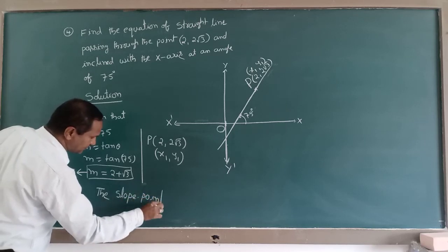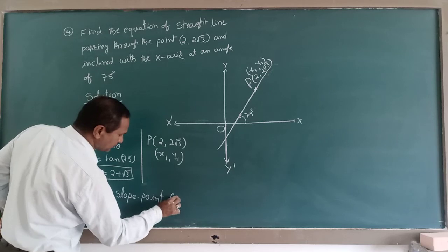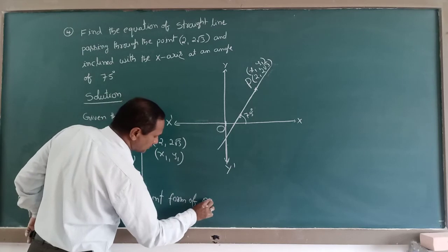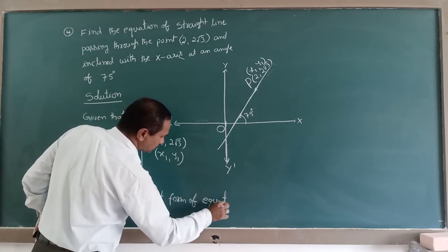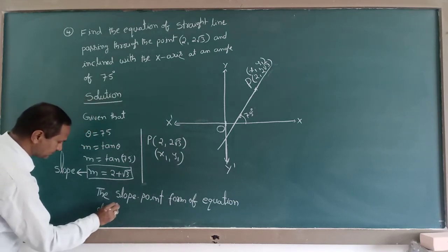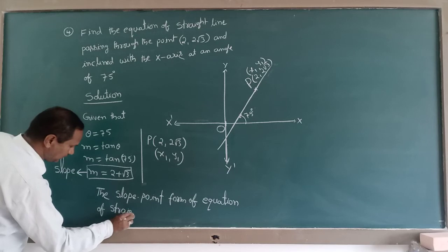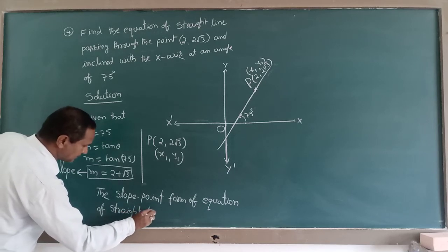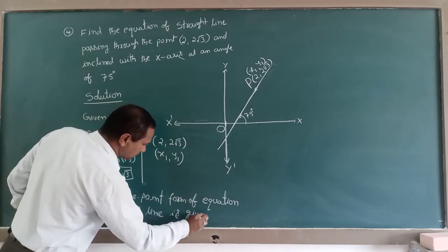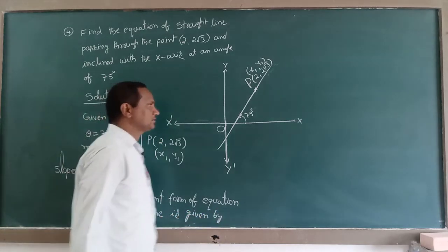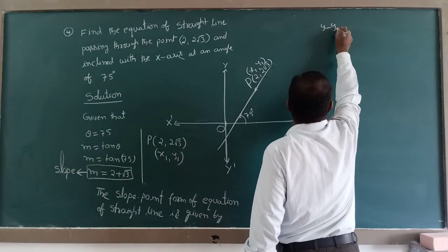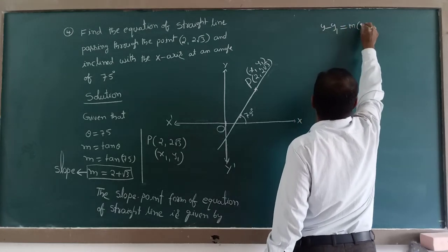The equation of a straight line is given by y minus y1 is equal to m of x minus x1.